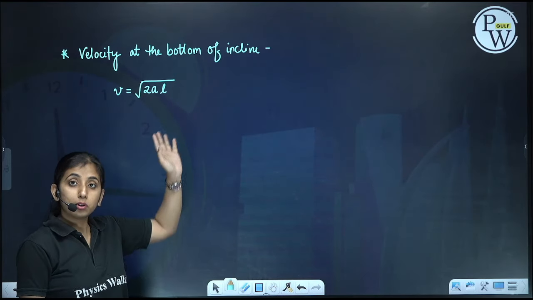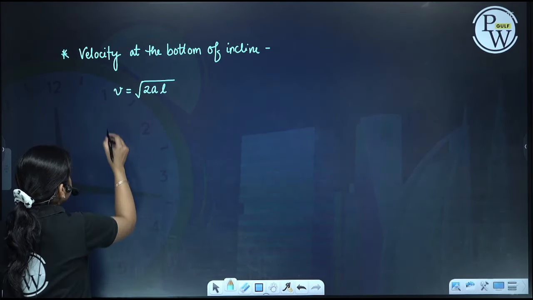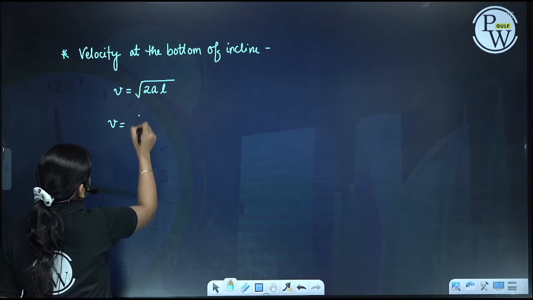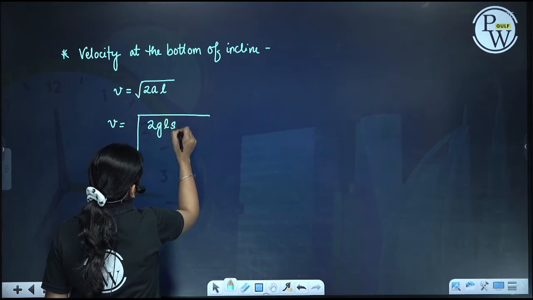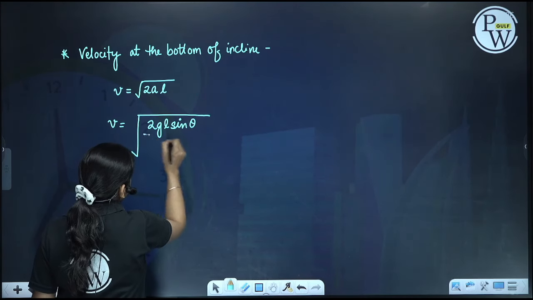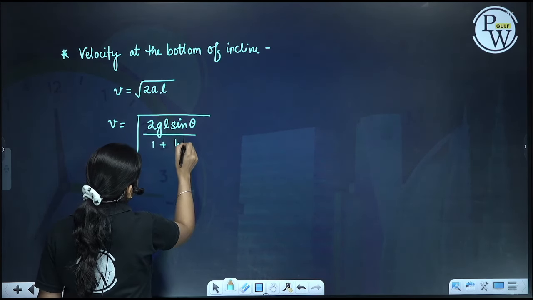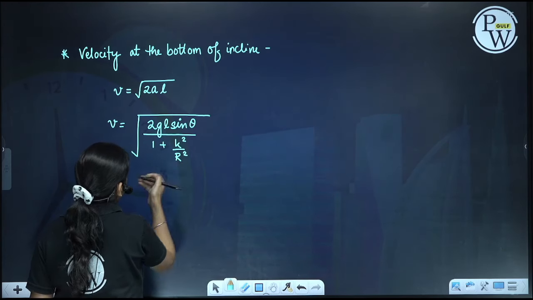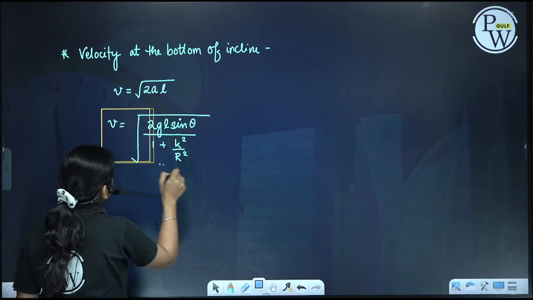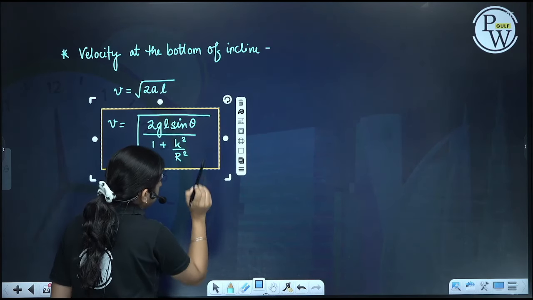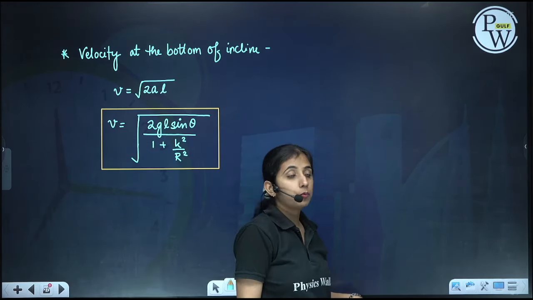Solve this, put the value of a, and v will be under root of 2gL sine theta divided by 1 plus k square by r square. This will be the velocity at the bottom of the incline.